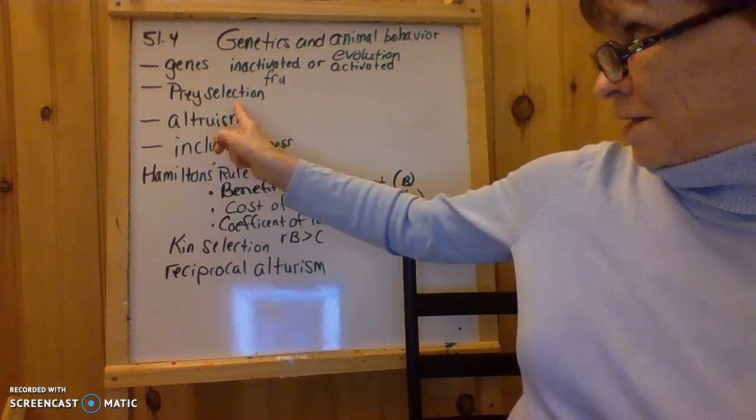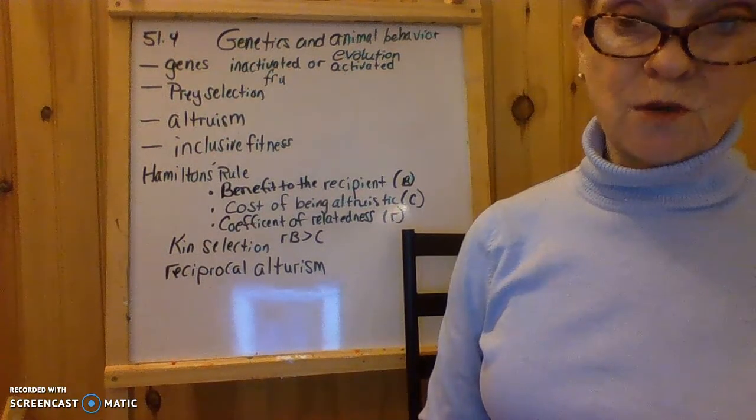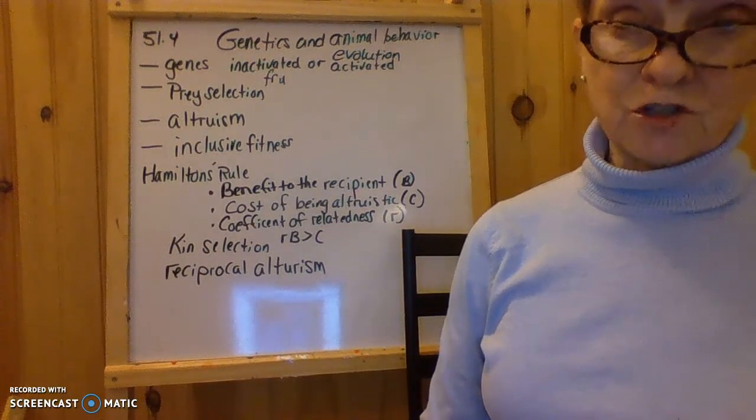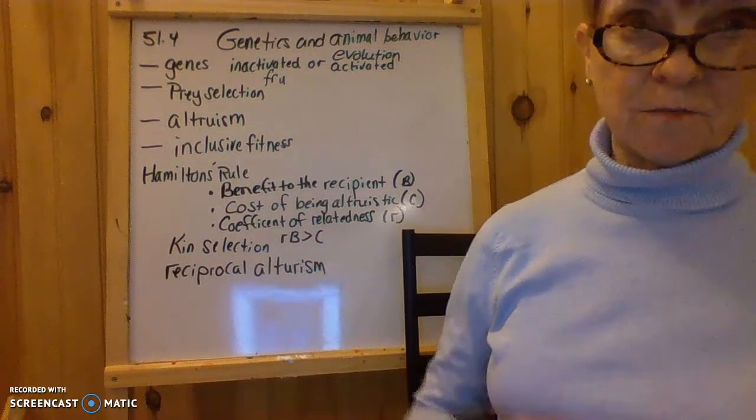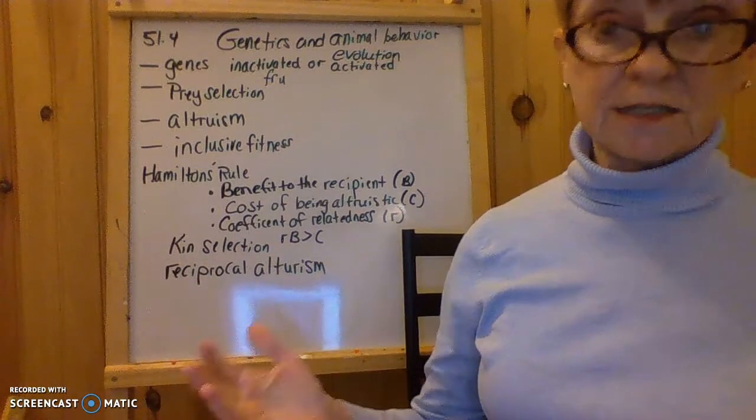Prey selection is another one that has a genetic basis, and a lot of these have to do with natural selection, which is survival of the fittest. If an organism gets transported, these days it's easier to understand.